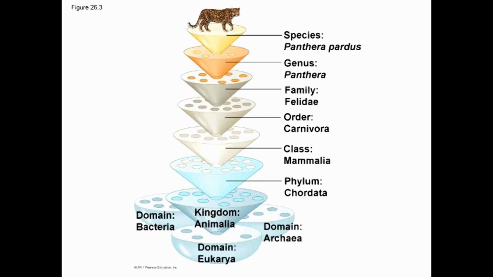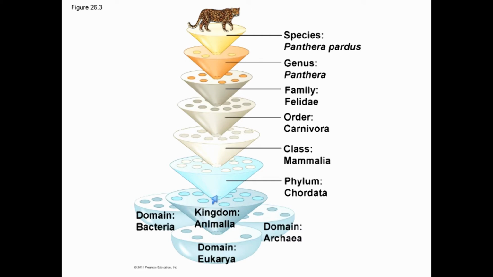This is a figure giving you a visual representation of the differences between the different taxonomic levels. Down here we have the domains: domain Eukarya, domain Bacteria, domain Archaea. We pick one of the four kingdoms shown here and blow it up, and this one happens to be the kingdom Animalia.